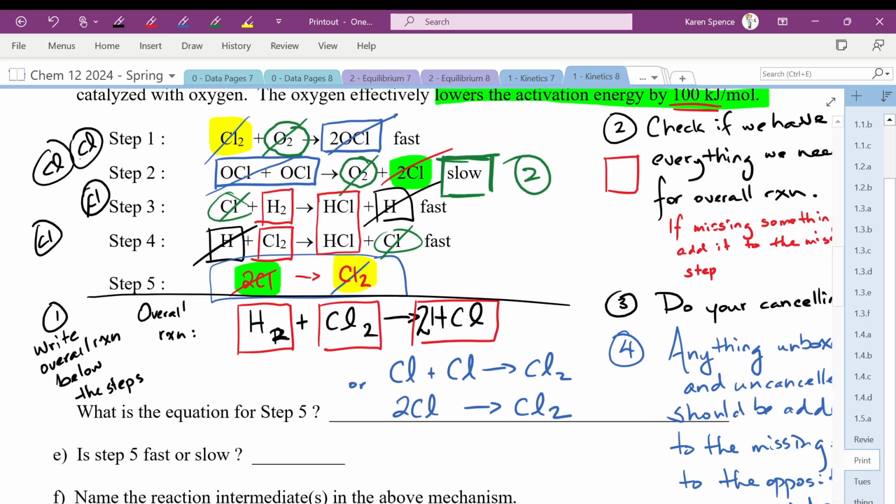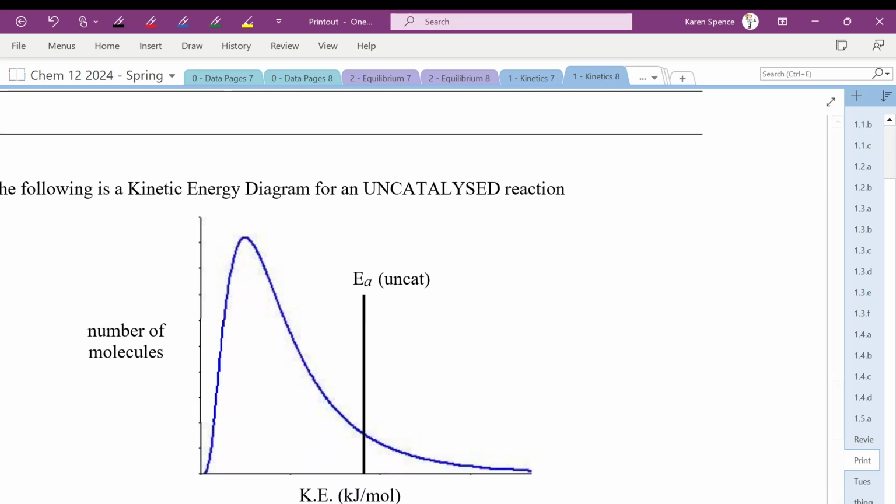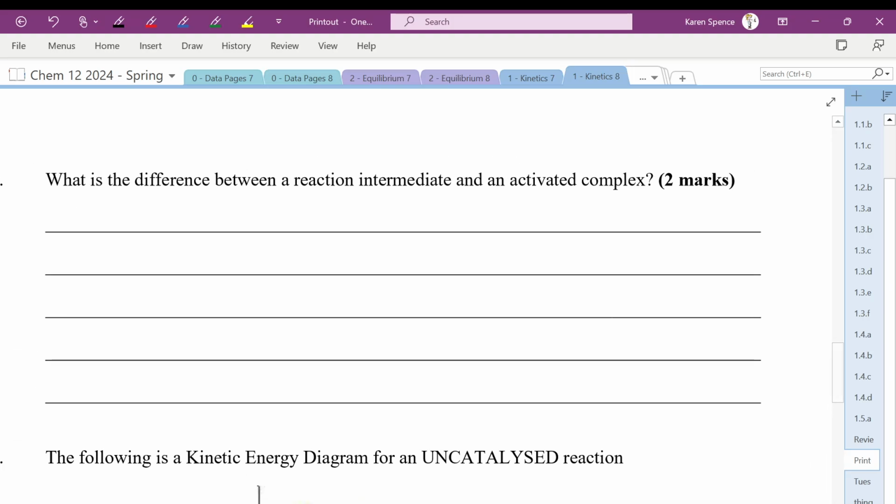What else was there? On our other side, for the difference between a reaction intermediate and an activated complex, there were 2 ways to approach that problem. You could have defined activated complex and defined reaction intermediate and gotten 2 marks, 1 for each definition, which does work.